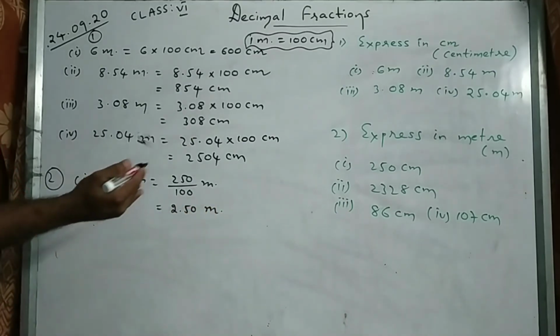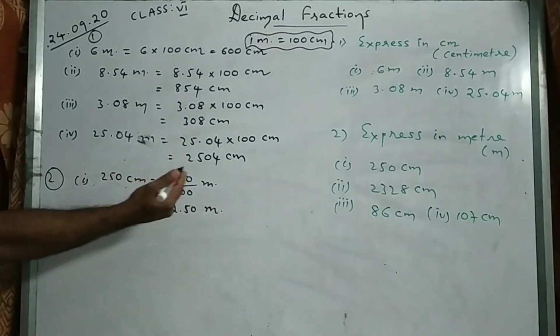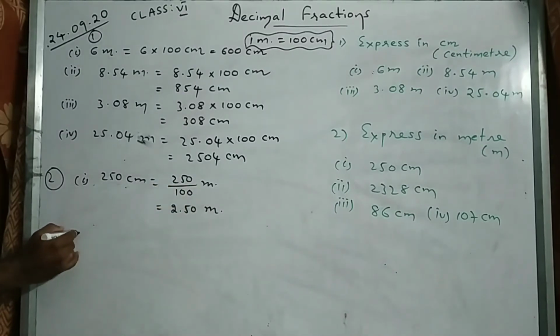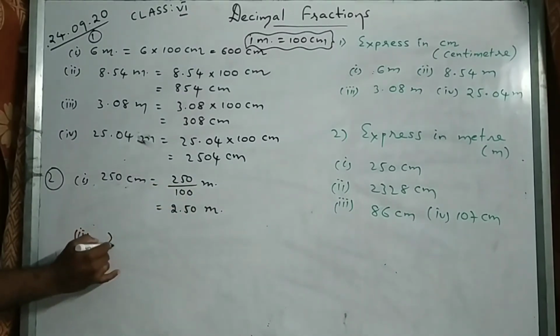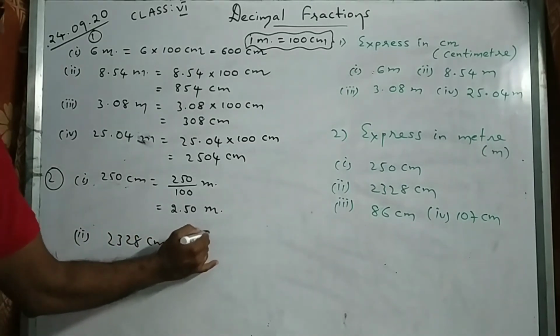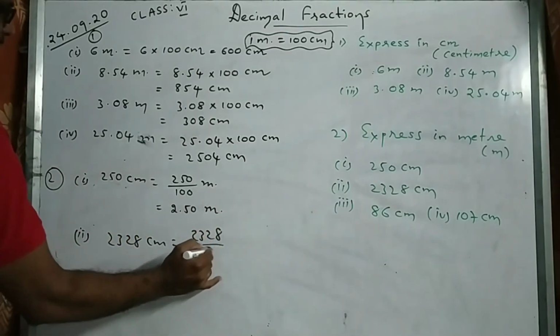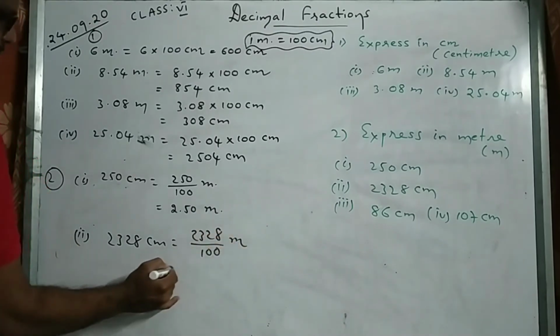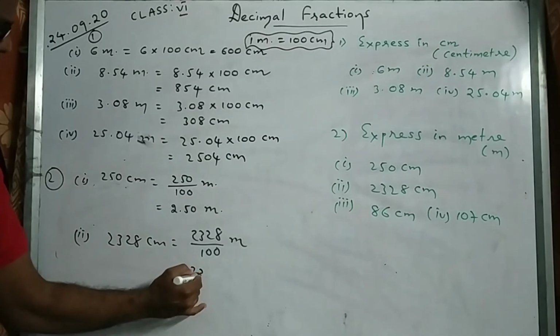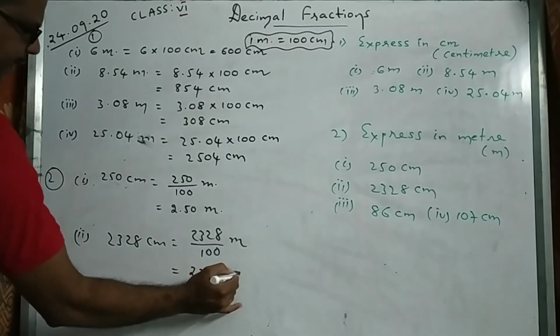I told you from the right side you should keep the decimal after 2 digits, 1, 2. So 2.50 meters. Second one, 2328 by 100 meters. Here we have 2 zeros. After 2 digits keep the decimal. 23.28 meters.